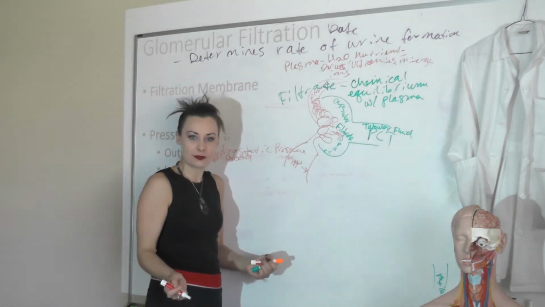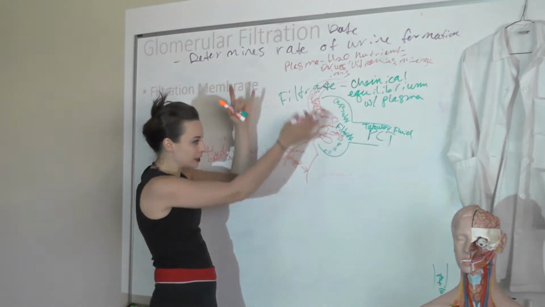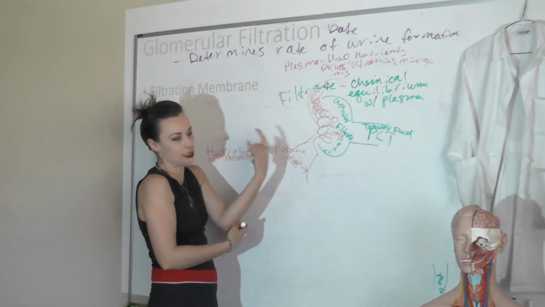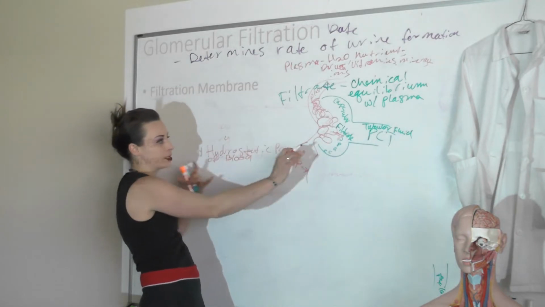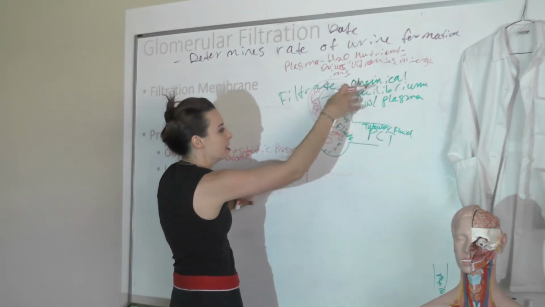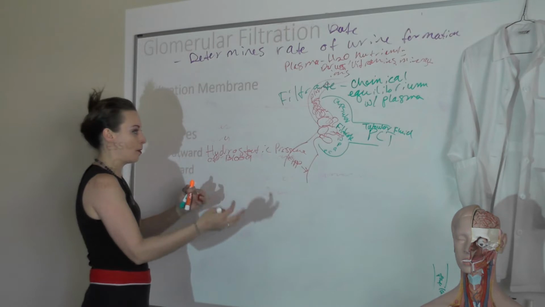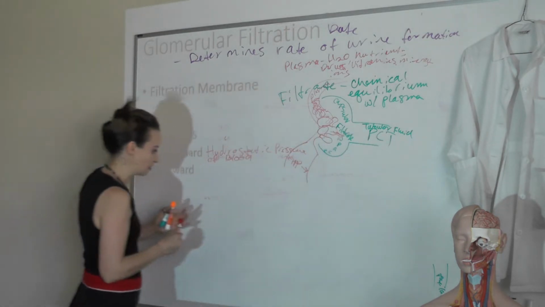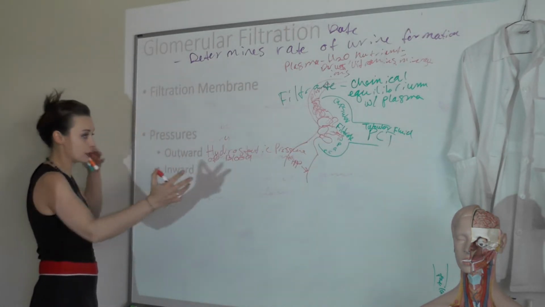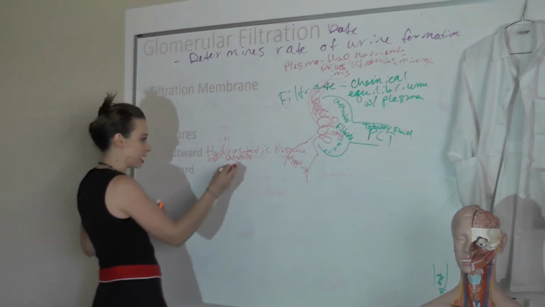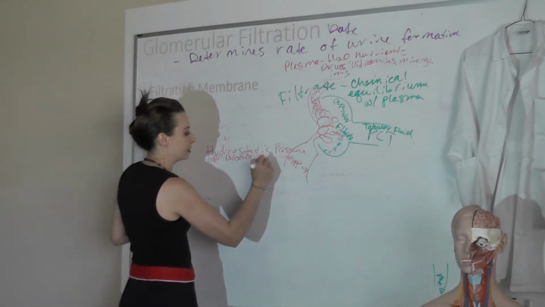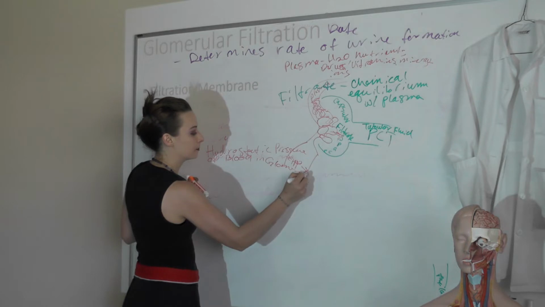I love this about the nephron. It's just perfectly organized to lead to its function. We get a lot of pressure in there. We can push all this stuff out so that in this filtrate now, I can start moving this through the rest of the system and make adjustments. So that outward pressure is high. This is the hydrostatic pressure of blood in the glomerular capillary.